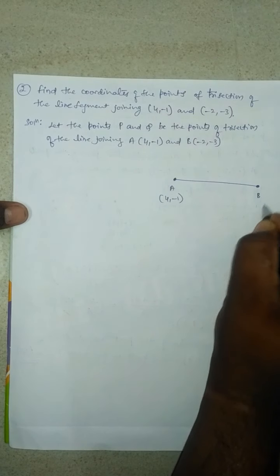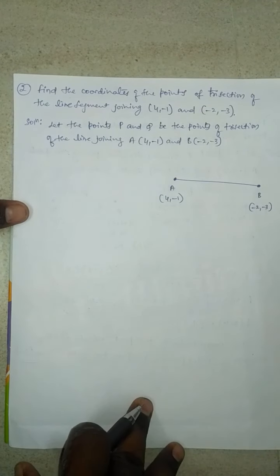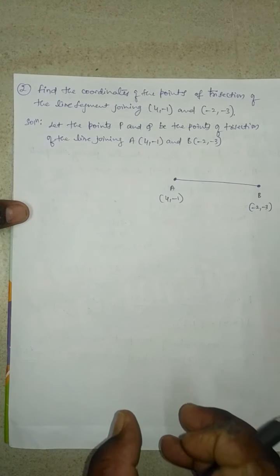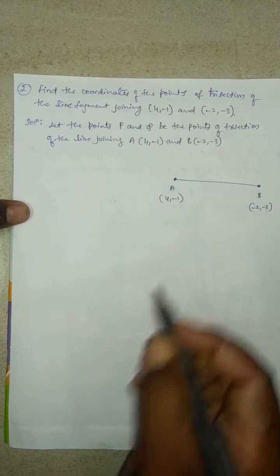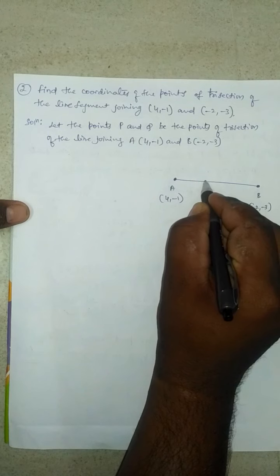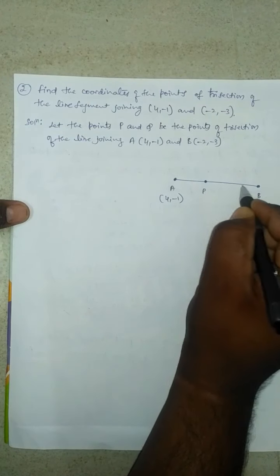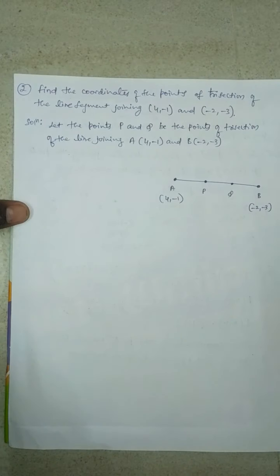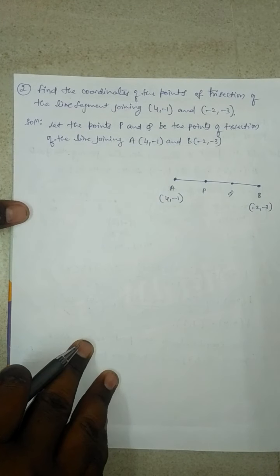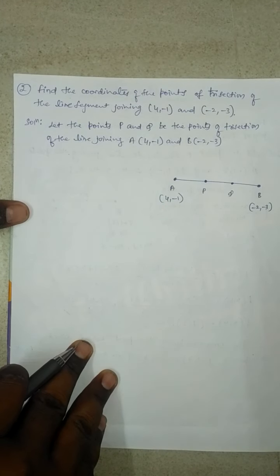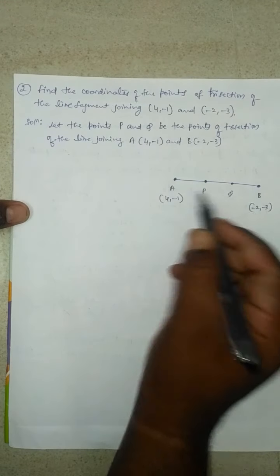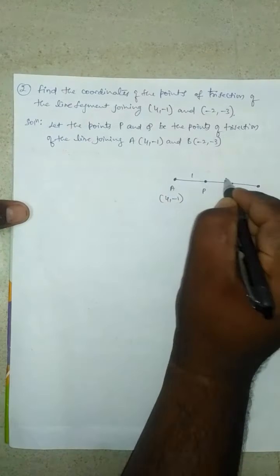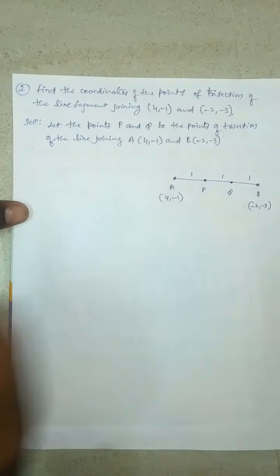Here this is B, minus 2 comma minus 3. So here we have to divide this line segment into 3 equal parts. So I am going to take point P and here point Q. When this line segment is divided into 3 equal parts, I am going to take each part as 1 unit, 1 unit, 1 unit.